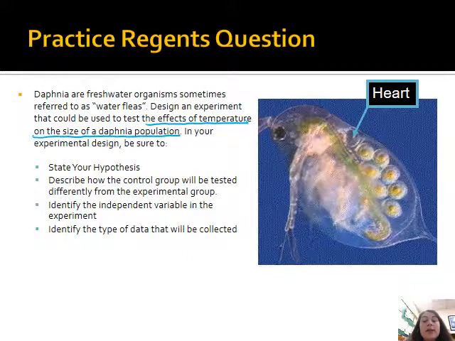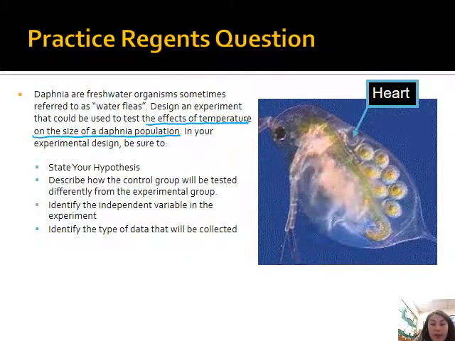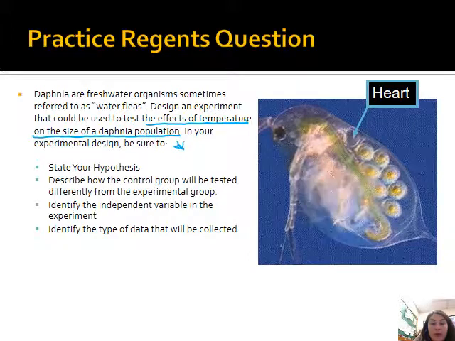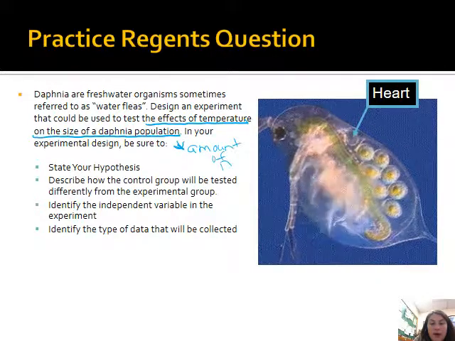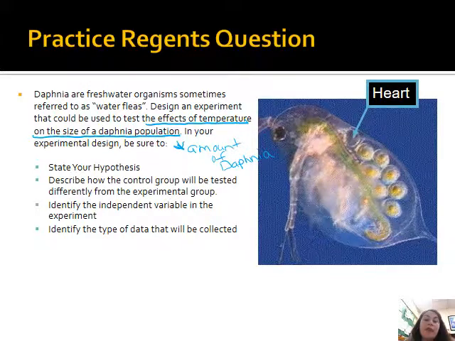Now we're testing the effects of temperature on the size of the population. So what we're talking about is the amount of Daphnia. So how many Daphnia we have alive or how many Daphnia we have dead.